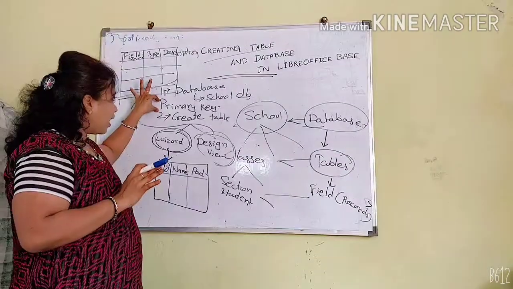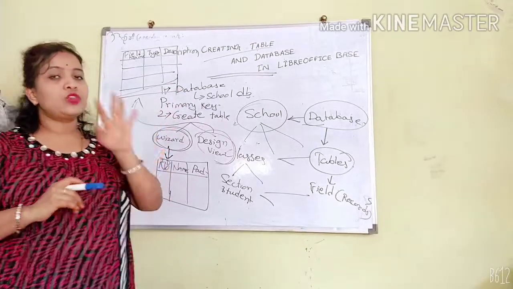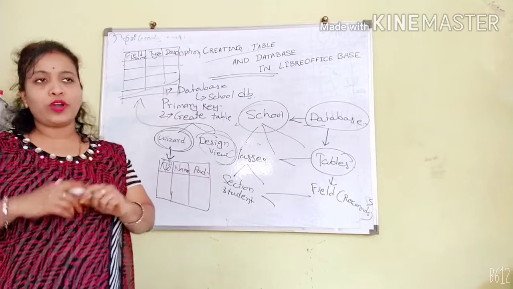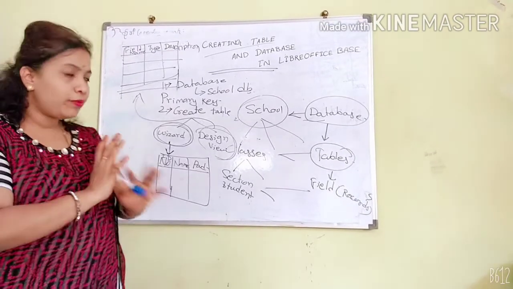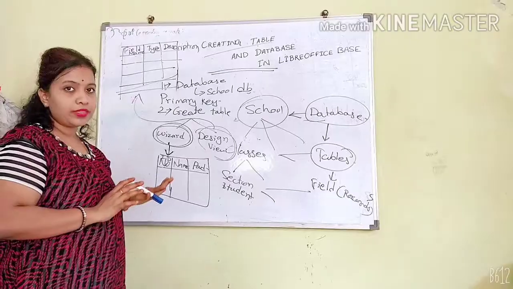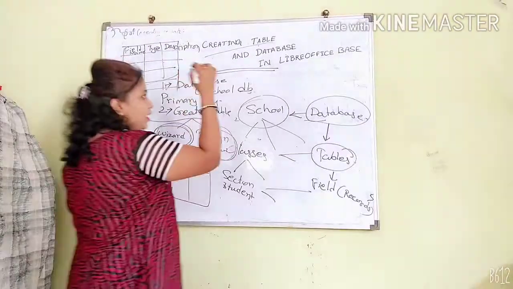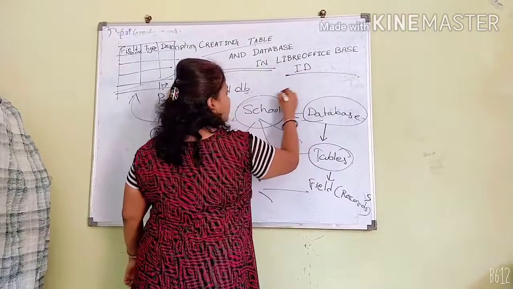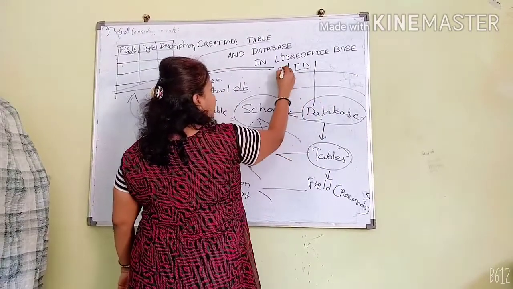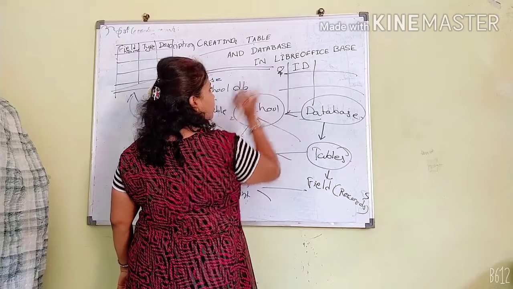Every time the primary key contains only a unique value. What do you mean by unique value? That means the value which is not repeated in the whole table.